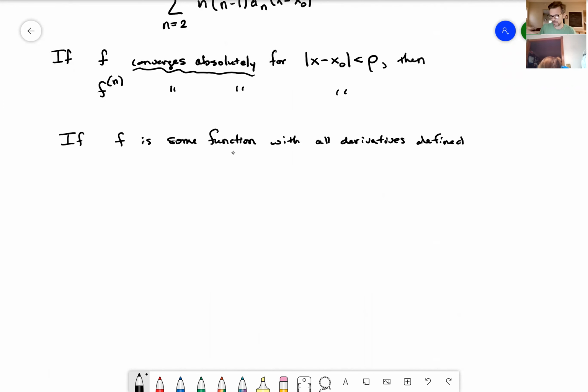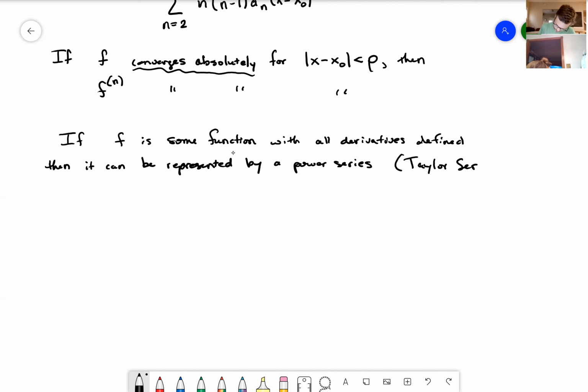We can just keep taking derivatives over and over forever, which is like most functions that we know. Then it can be represented, or we can write it as a power series. And this is called its Taylor series. You might remember this from talk 2. And in fact, we can figure out a Taylor series for it.